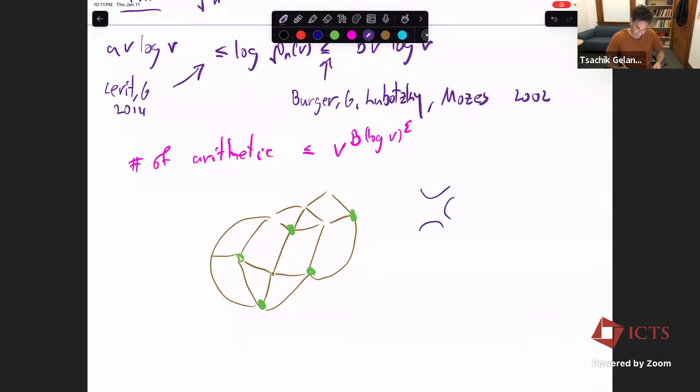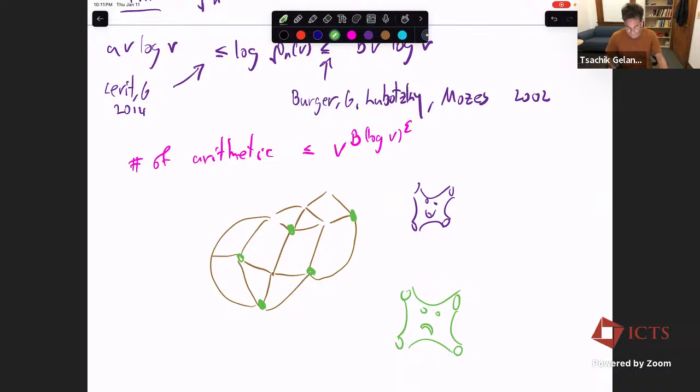Each of them is a manifold with 4 boundary components, and let's say that one is green. These are two manifolds that you can distinguish between. Suppose that you can see the difference between them, and then you replace each vertex by one like that, and you glue them, and you get a hyperbolic manifold.